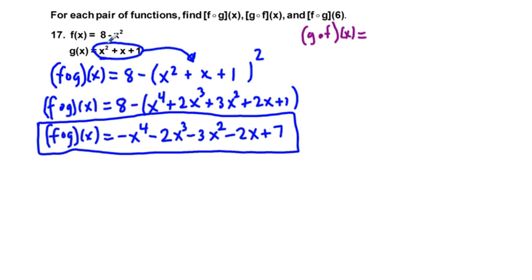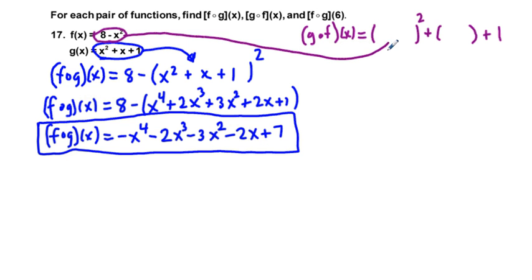is equal to, I'm going to leave a space for x squared, plus, leave another space for x, and then the last one plus 1. And so we're going to take this 8 minus x squared and place 8 minus x squared here, and also over here.